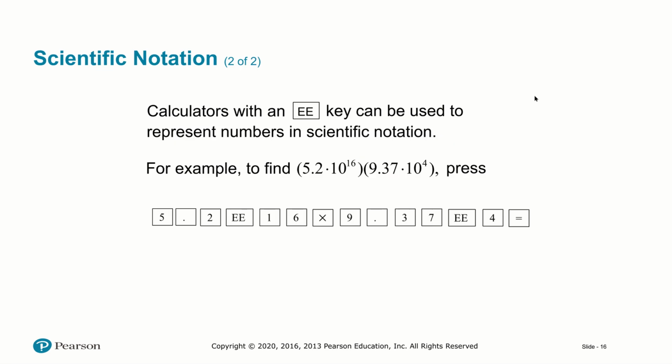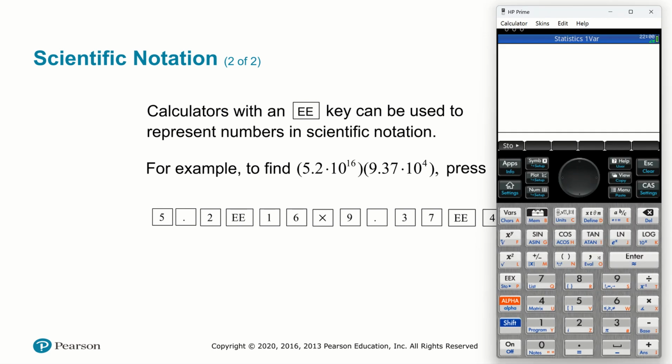Okay, so most scientific calculators have a button similar to this. It may not say exactly EE, but that usually indicates the scientific notation button. So the way you use it is the following. Let's say we want to multiply these numbers, right? So I'm going to go ahead and use a set of parentheses to contain my first number, which is 5.2 times 10 to the 6. So I just type 5.2.